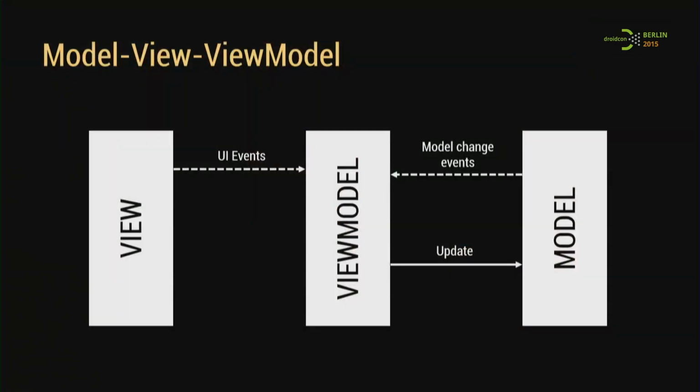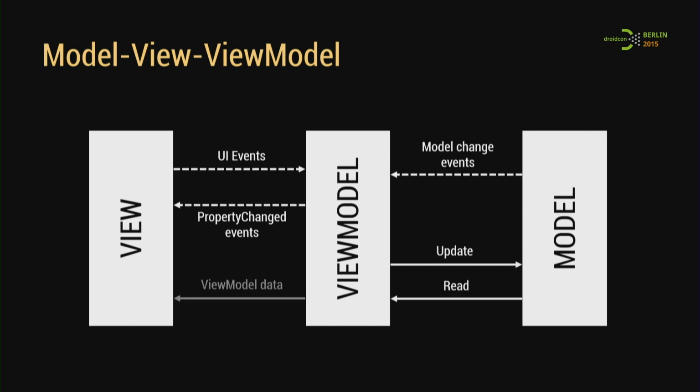View model will get this event, maybe read the data from model, because view model has this data inside it, and then raise the property changed event, which is really important because this is the key to this view model. And when view gets this property change event, it will, for example, get this data from view model and display it on the view, which is quite similar, as I said, to Model View Presenter.